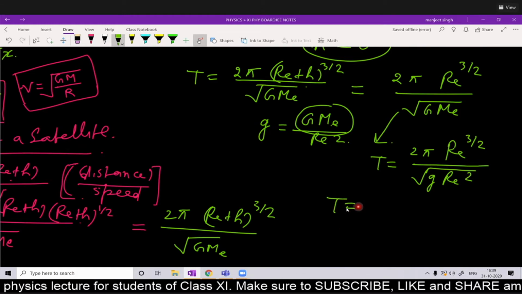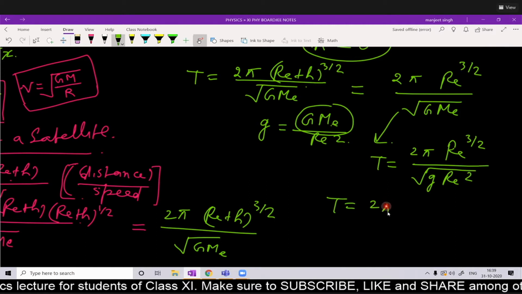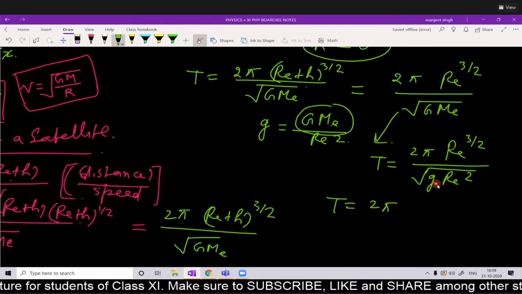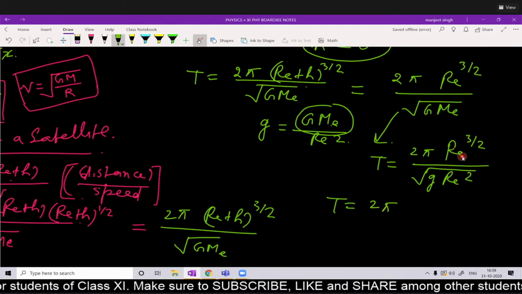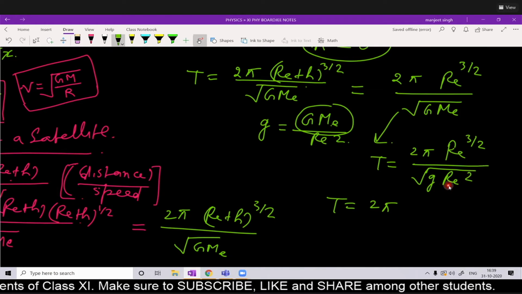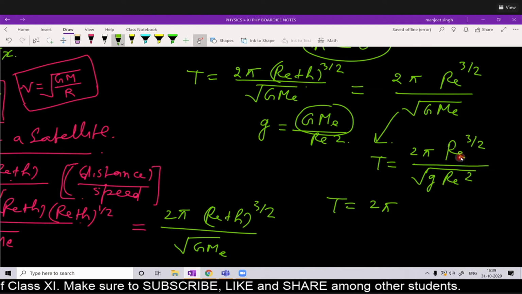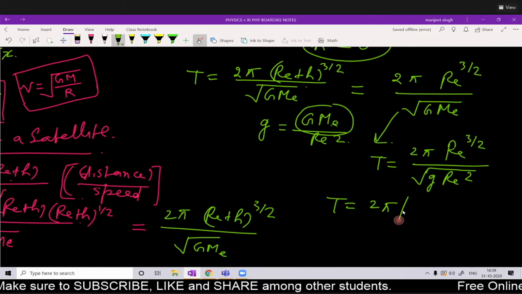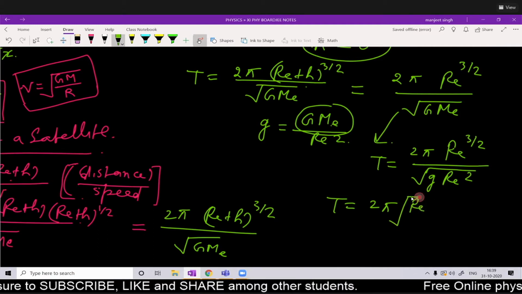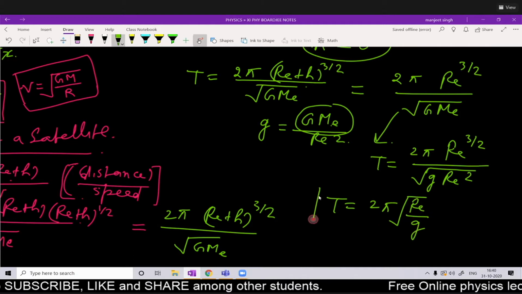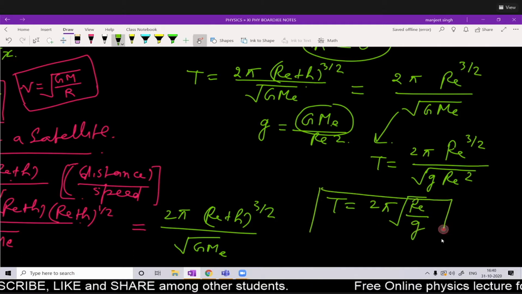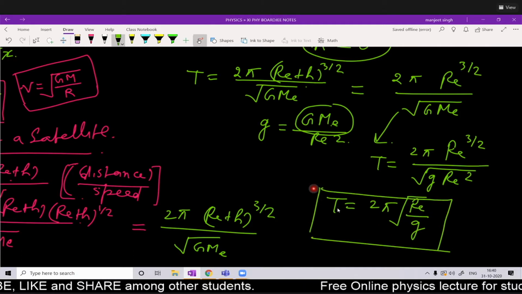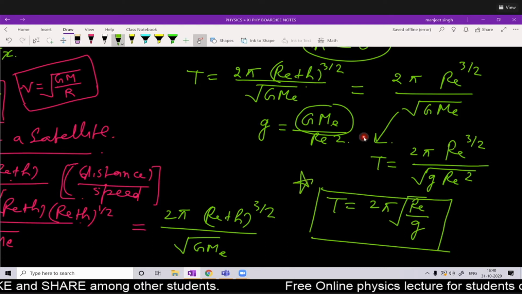So it will become T is equal to 2 pi, under root g here, RE to the power 3 by 2 on top and RE only below, so RE to the power half will remain. So 2 pi under root RE upon g.